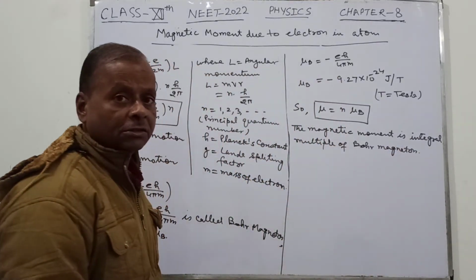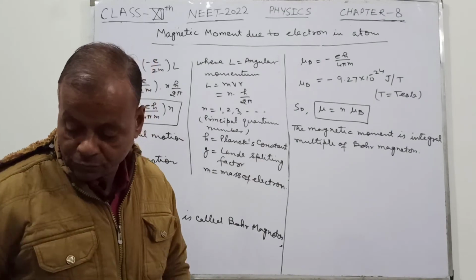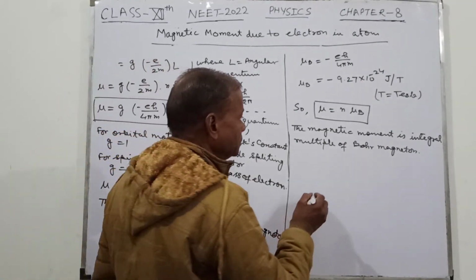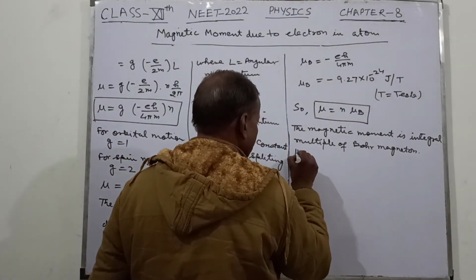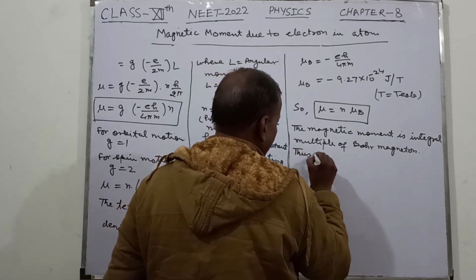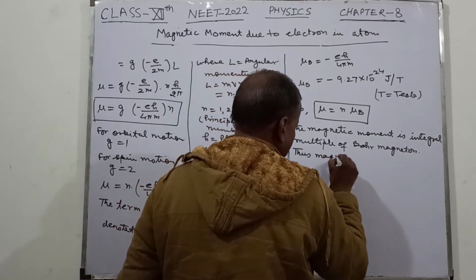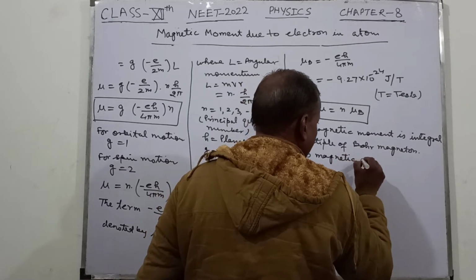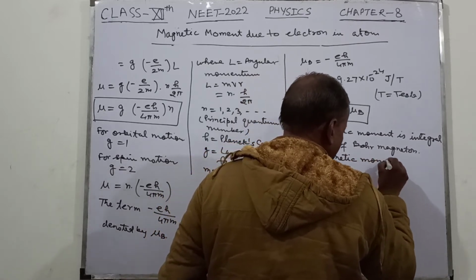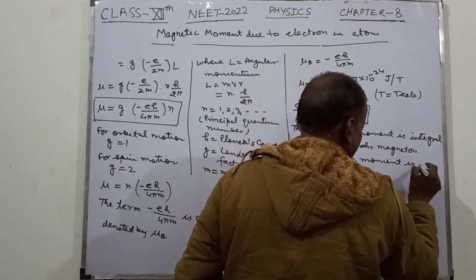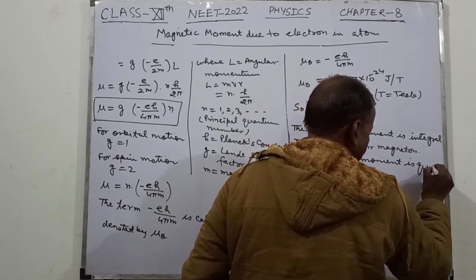This is the quantum mechanical view. Thus the magnetic moment is quantized.